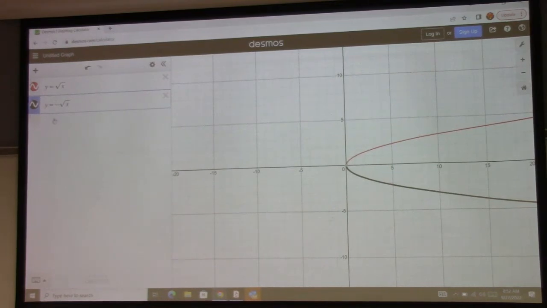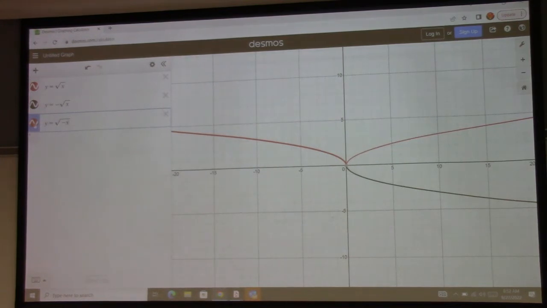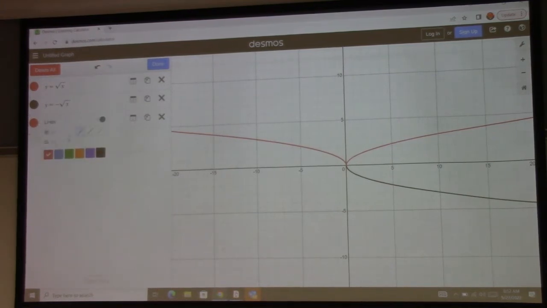All right. What happens if we put the minus on the inside? I don't want that also to be red. You can adjust the color if you do the right thing. There we go.